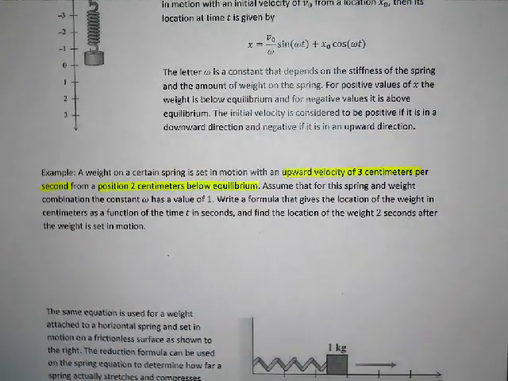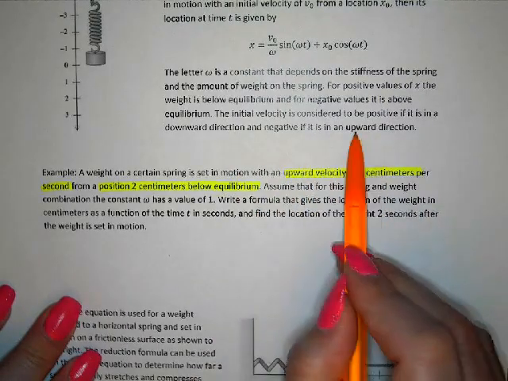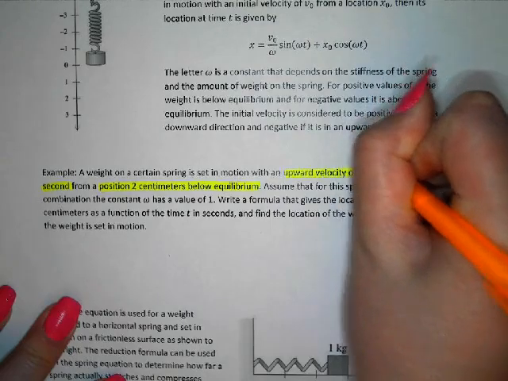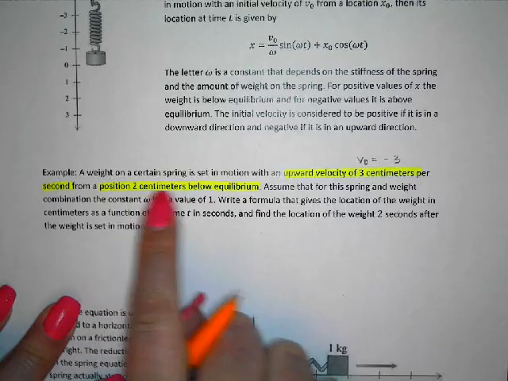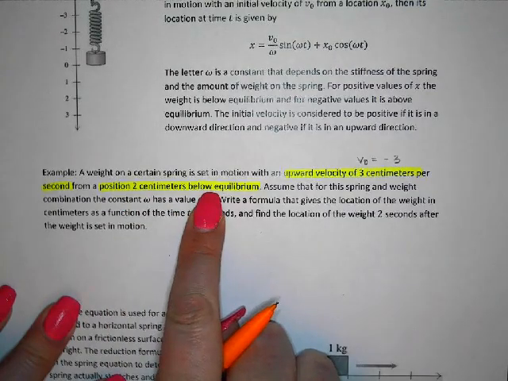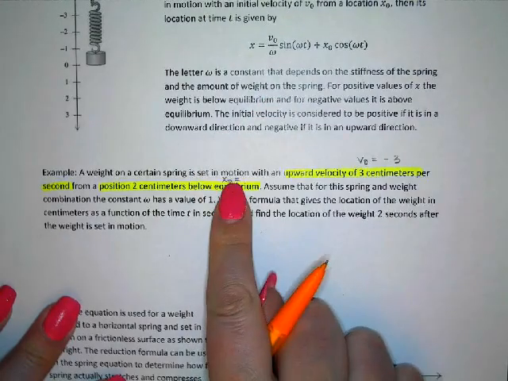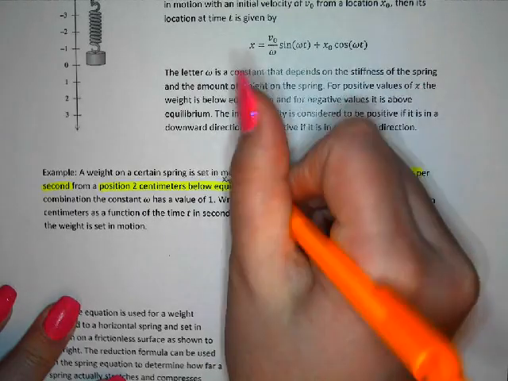So the velocity is -3, and a position 2 centimeters below equilibrium. And this also was kind of the opposite of what we would think. And so below equilibrium was positive values. That's a +2. Assume that for this spring and weight combination, the constant omega has a value of 1.